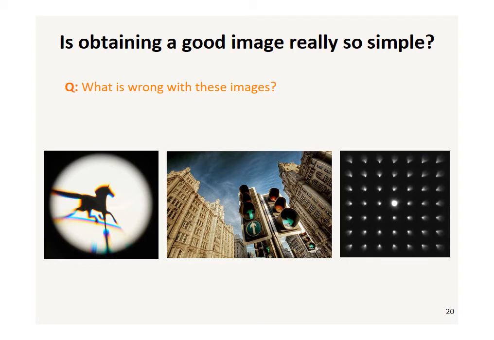So it turns out that obtaining a good image is not so simple. Various things can happen to distort our image. So while we expect something to have straight lines in our object, they might be imaged as curved lines. We might find that objects that are supposed to be points are imaged as blurry patches.